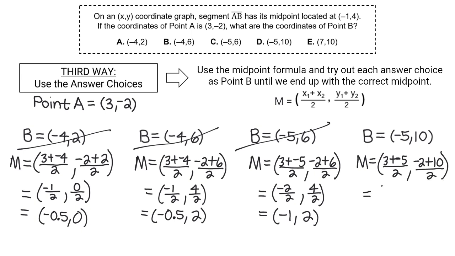Working that out, you're going to end up with -2/2, and 8/2. And it does look like you're going to get the correct midpoint of -1, 4. So it looks like when point B is -5, 10, you will get the correct midpoint. Therefore, the correct answer is D.